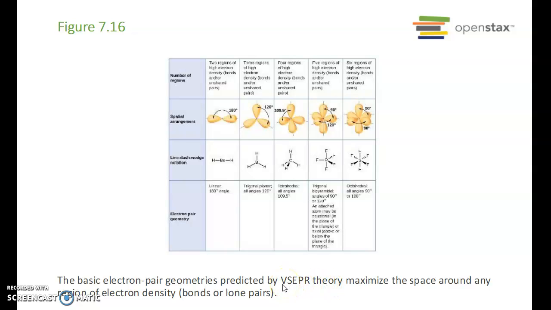So what they're talking about is the visual spatial electron distribution around here. So VSEPR means you are talking about this type of regions and geometries for them. Okay, so spatial arrangement and geometries.